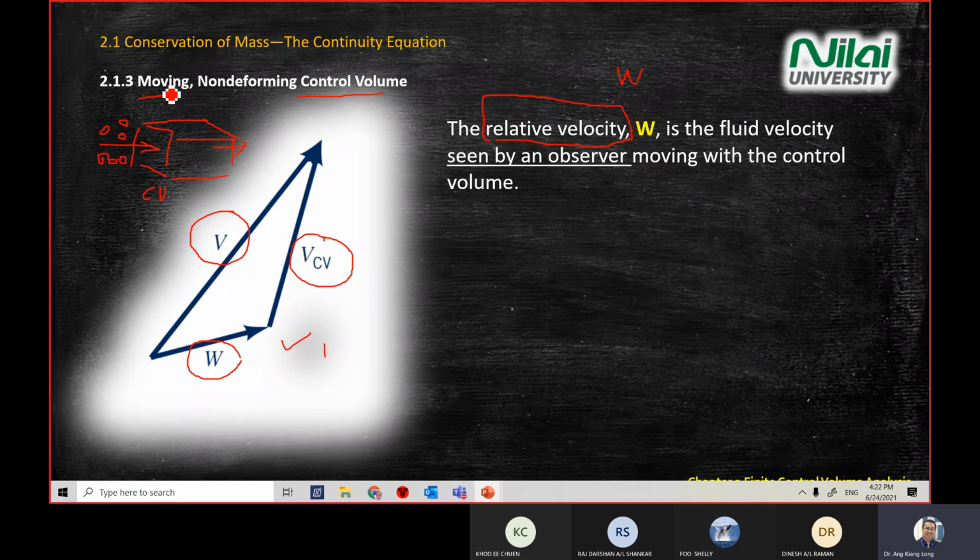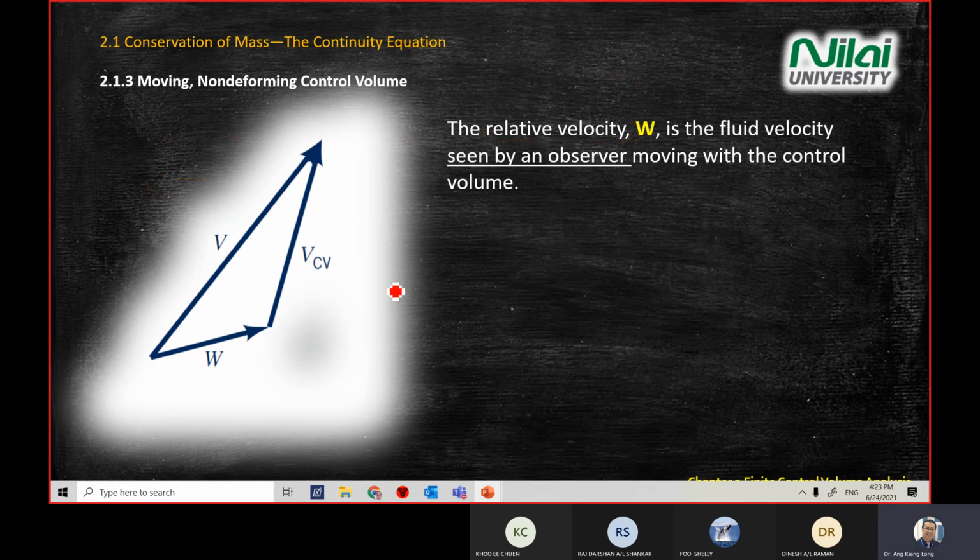Since we are studying the moving control volume, the vector for your control volume velocity will change a little bit. Now, what happens if you have a fixed control volume? Then V will be the same, V sub CV will be the same, and W will be the same, in the same direction. However, for moving, this straight line will become a triangular form.